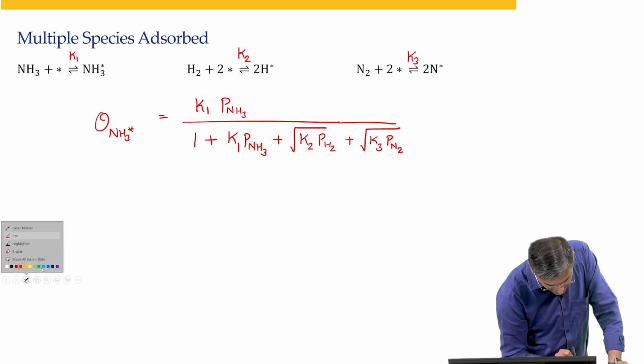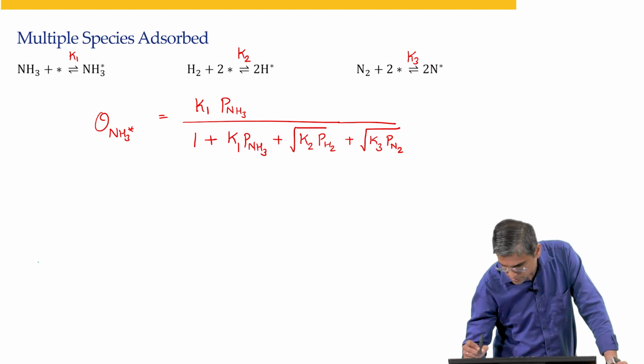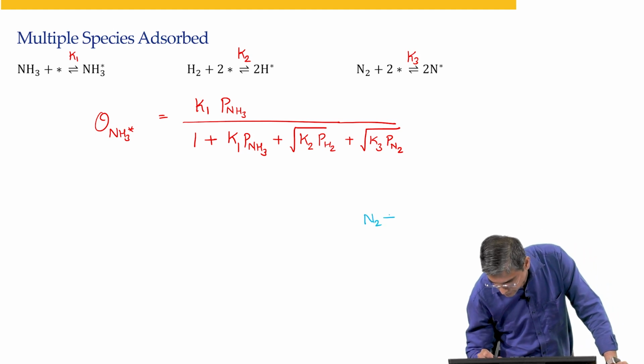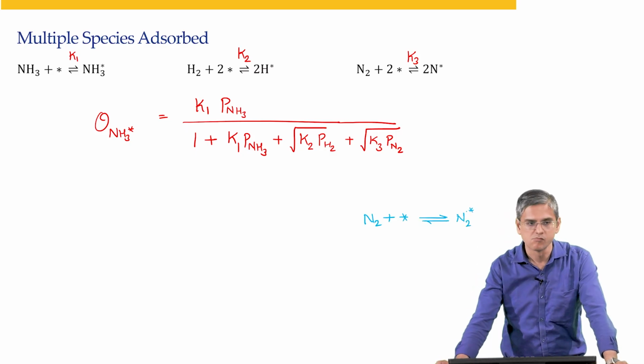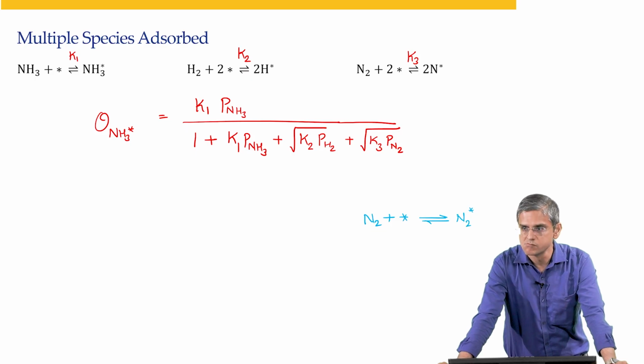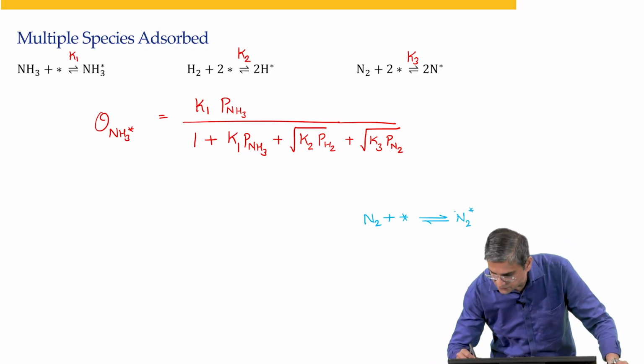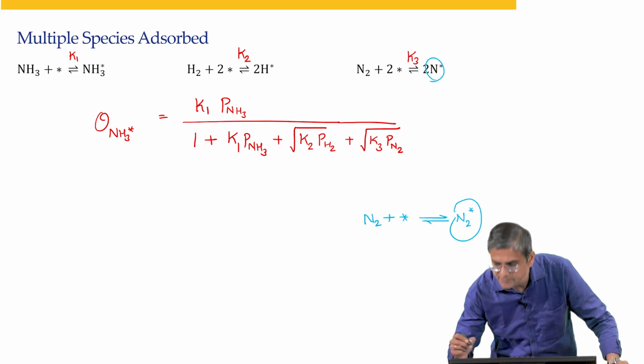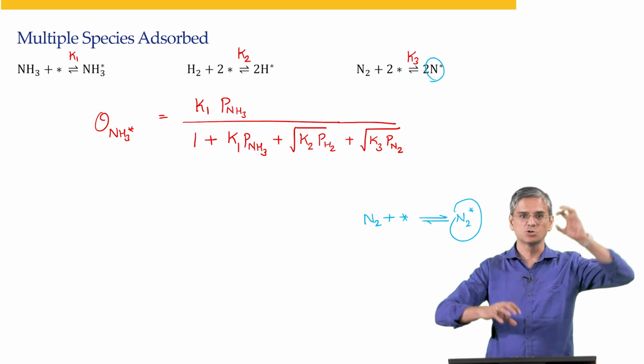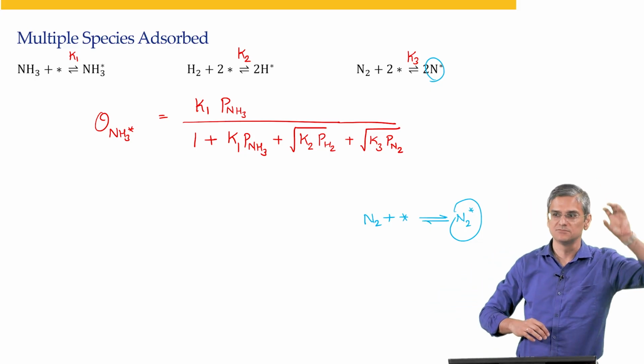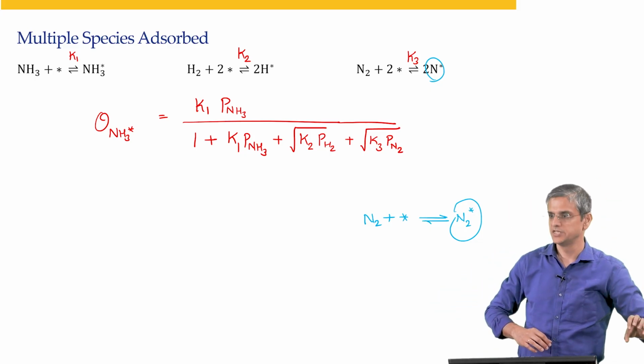What if we were to add one more reaction over here? What is the difference between this guy and this guy? So N2 has dissociated and a nitrogen atom is sitting on the surface.